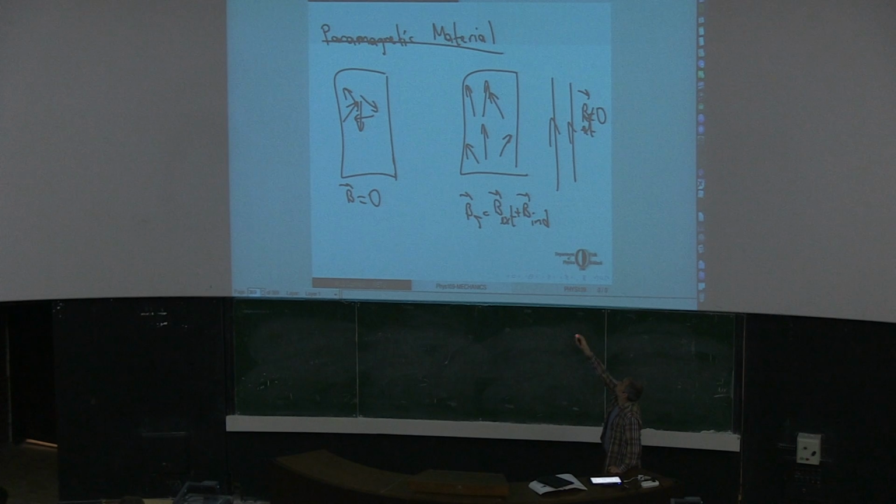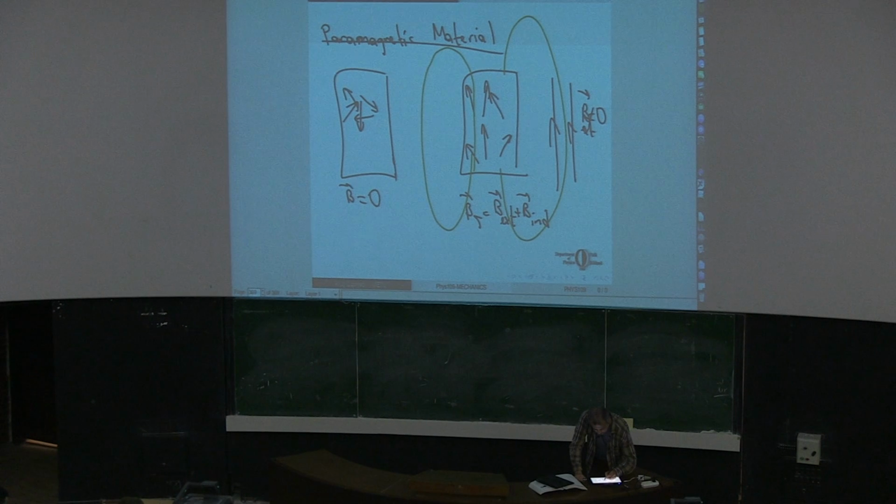And now this is just like a magnet. It has the magnetic dipole moments pointing preferably in the upward direction. It will create its own magnetic field, which will be, inside the material, pointing upward, and outside the material it has to close down. Because now my material itself has a magnetic moment.